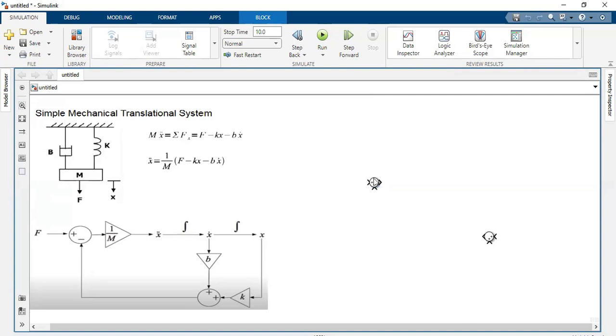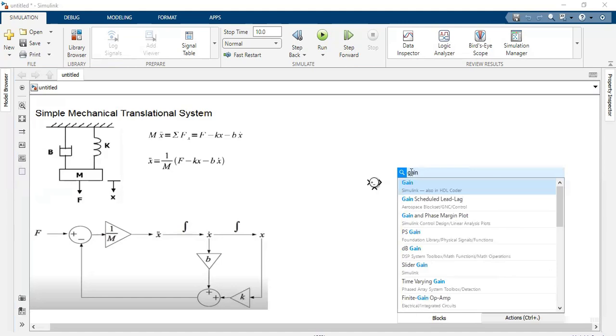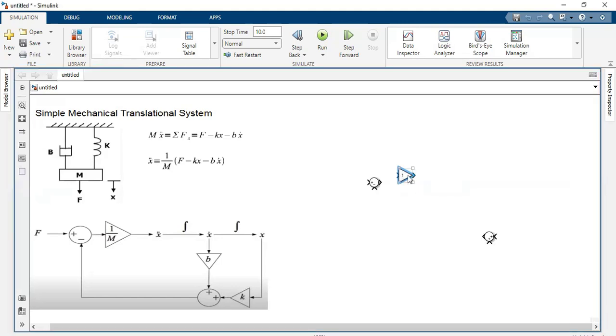Then we need three gain blocks: one to have 1 by m, another to have b, and another to have k. So type gain, and let us right click and drag to get two more gains.